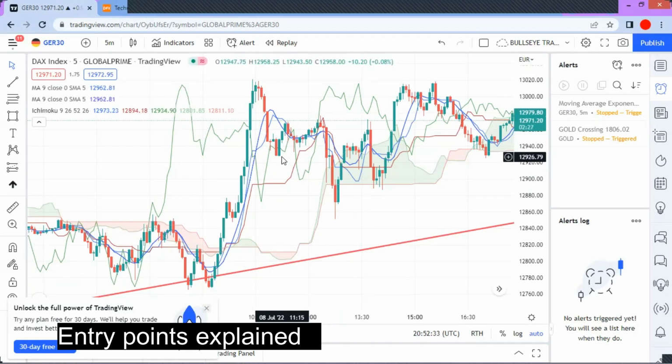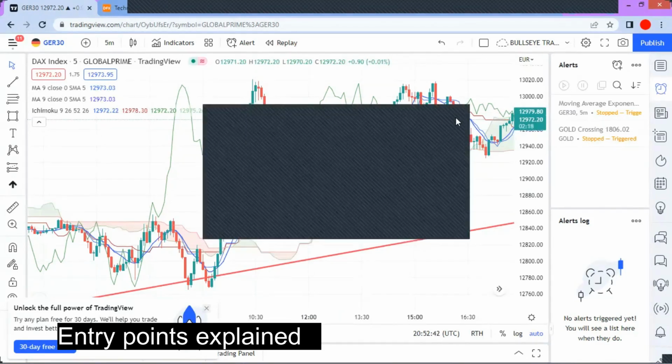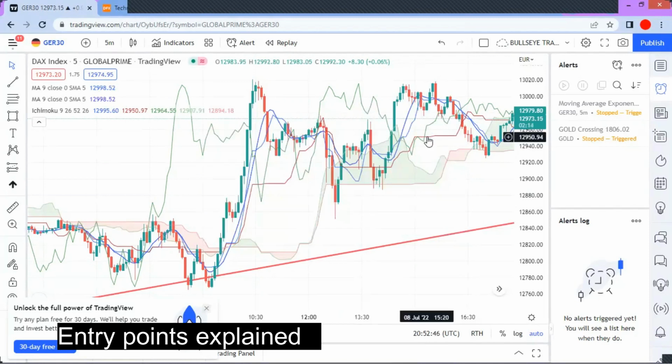You focus on locking your profits. When you lock, if the market comes, then you're not going to have a problem. You understand? So that's it with the entry points.